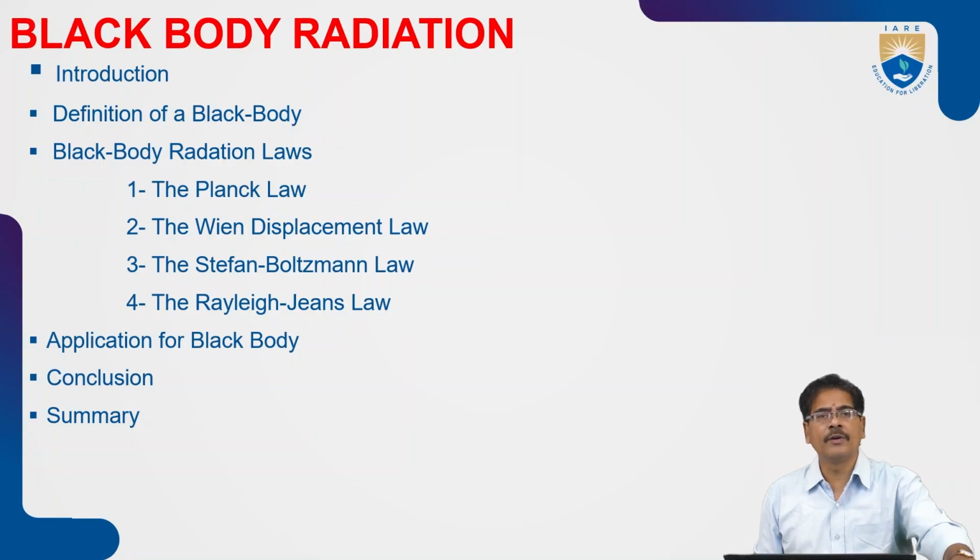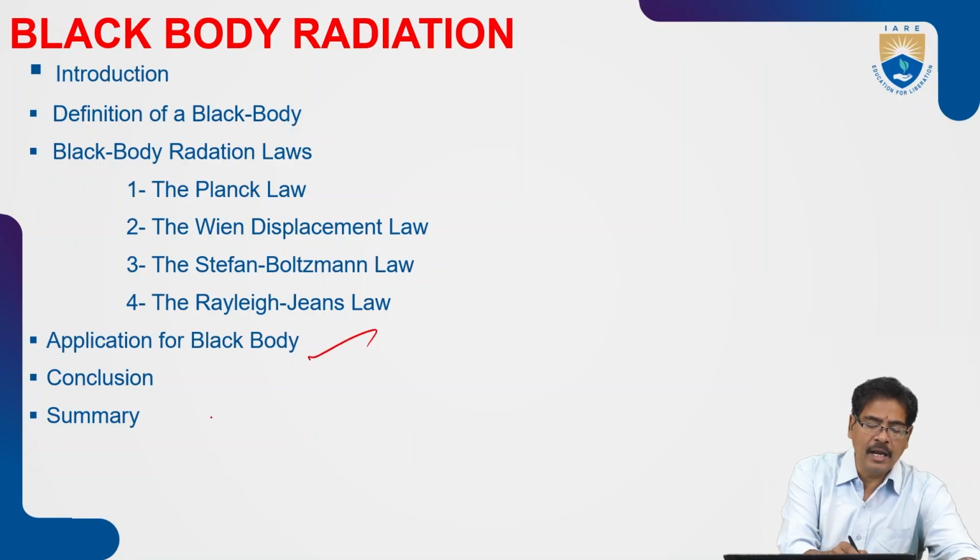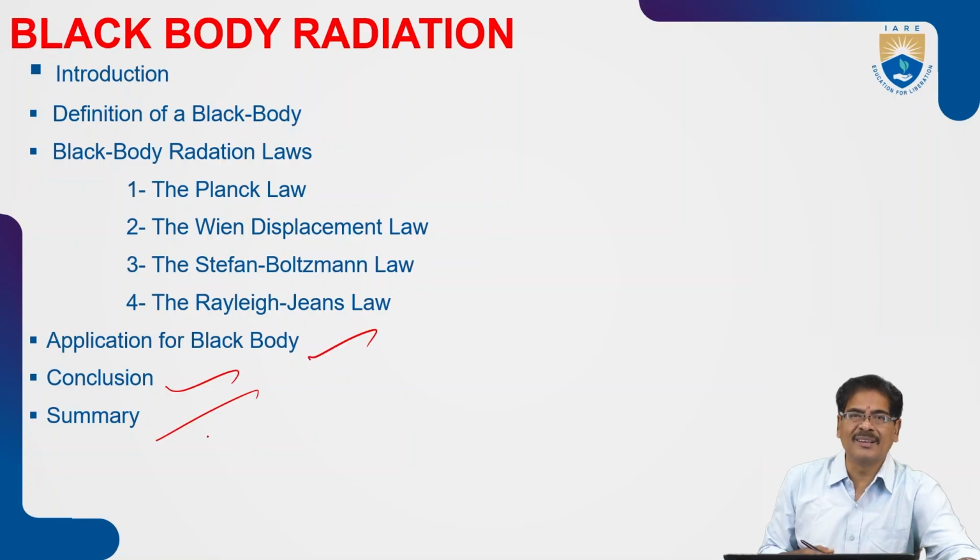Of course, we need to go over the applications of the blackbody and the conclusion. We need to study the summary of this particular blackbody. Blackbody radiation is also one of the factors where quantum physics successfully explained the theory. By taking Planck's law, Wien's displacement law, the Stefan-Boltzmann law and Rayleigh-Jeans law, these laws have been successfully explained by quantum theory, where classical theory was unsuccessful.